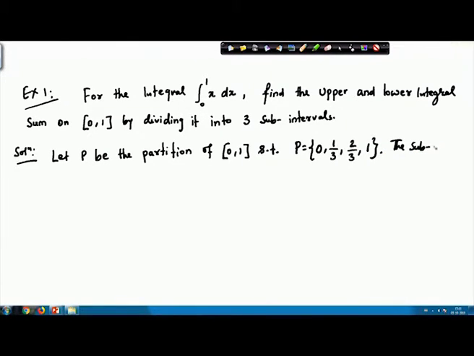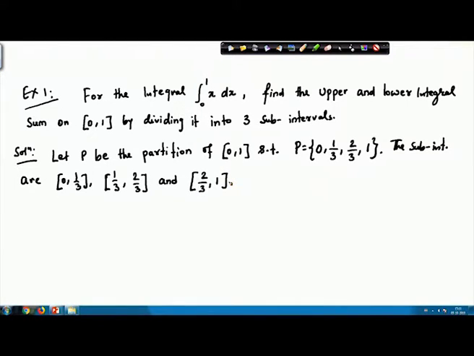The subintervals are 0 to 1 by 3, 1 by 3 to 2 by 3, and 2 by 3 to 1.